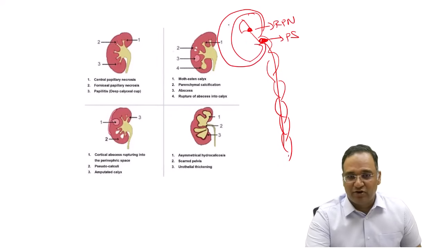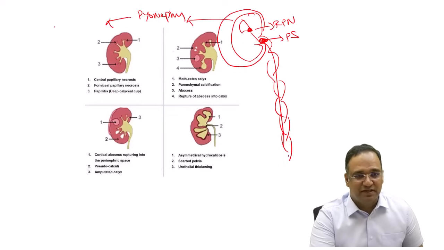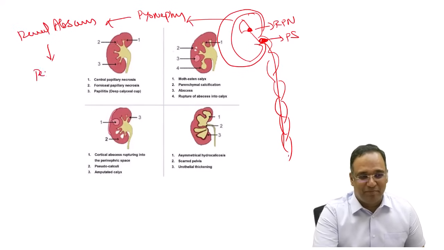Hydronephrosis, and hydronephrosis gets infected to become pyonephrosis, and pyonephrosis becomes a renal abscess, and the renal abscess becomes a perinephric abscess because of its extension.